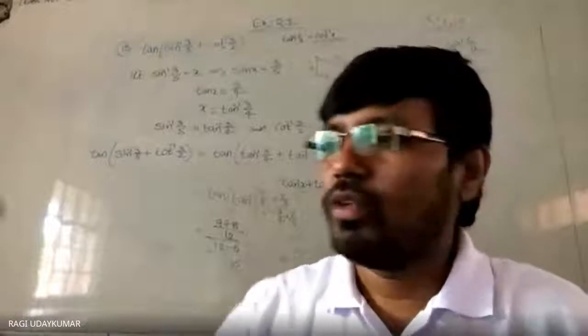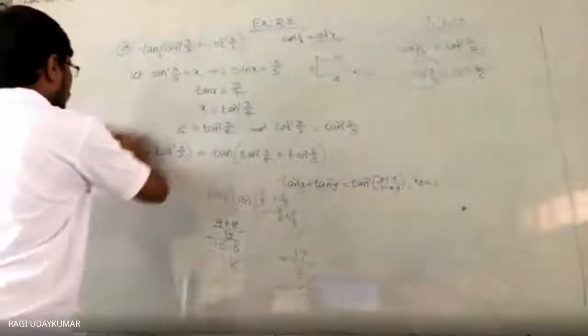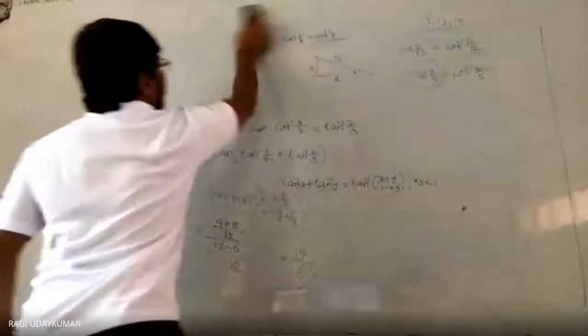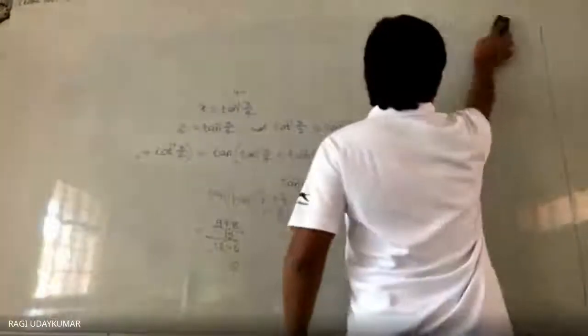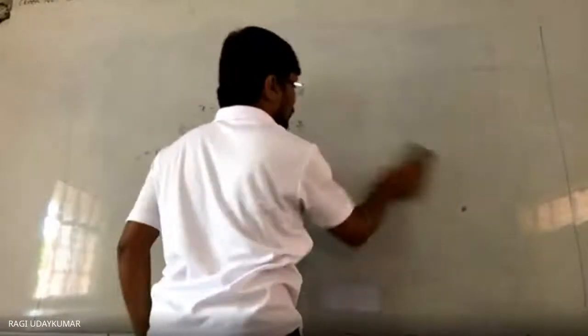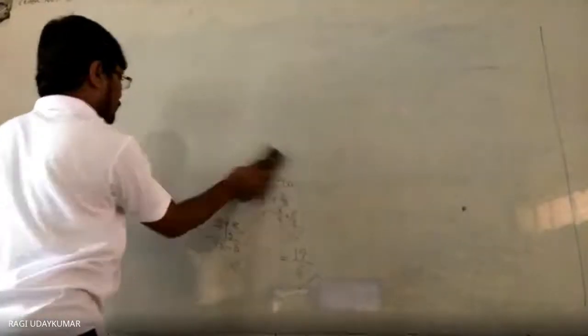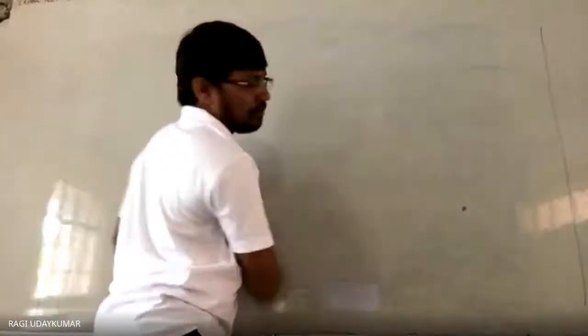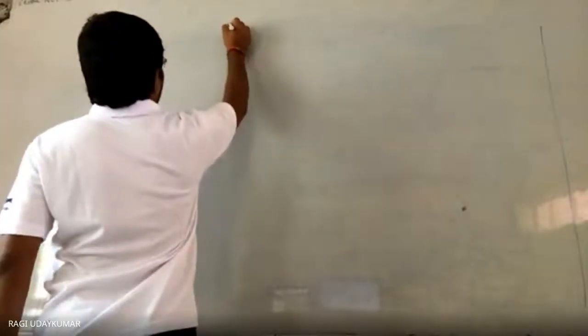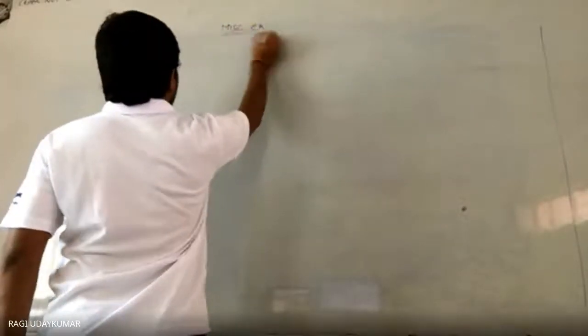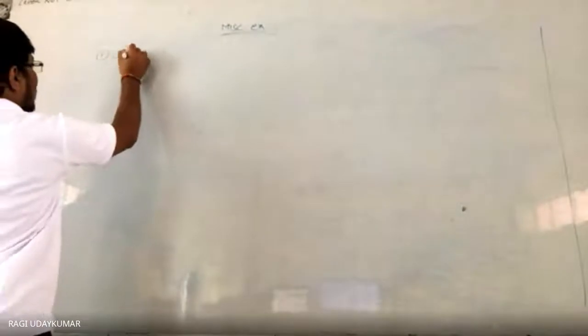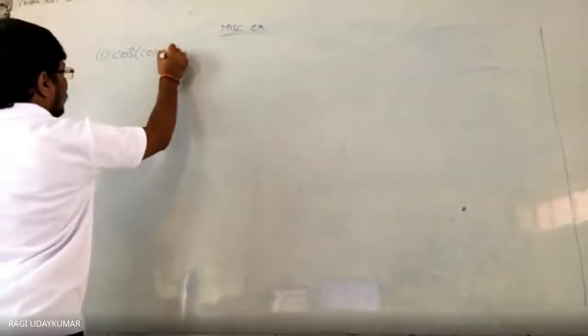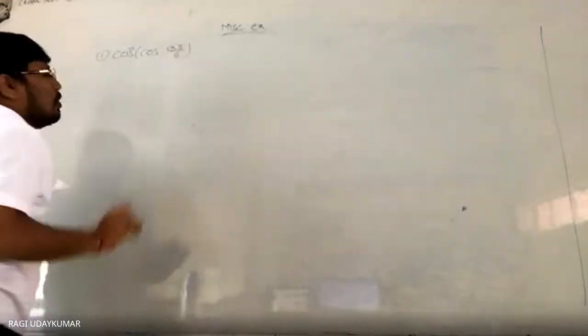Can you tell me what we get? Cos inverse of cos 13 pi by 6.